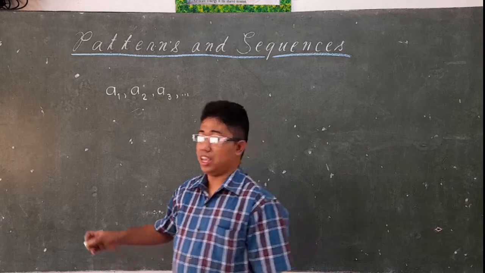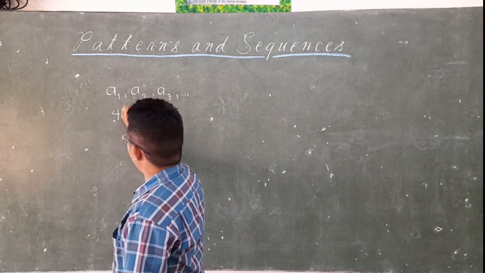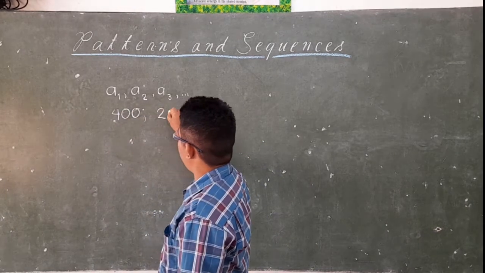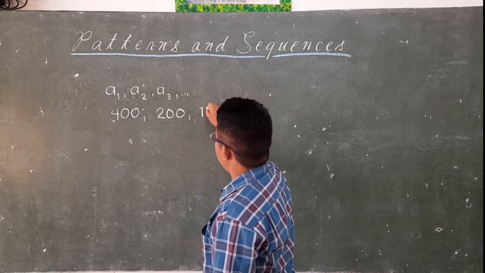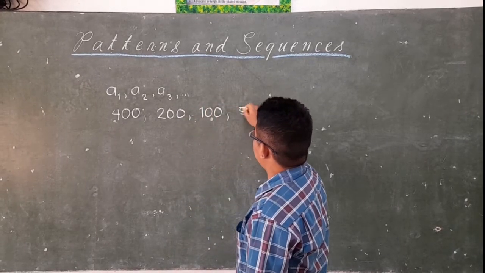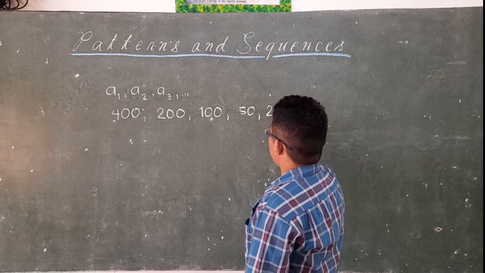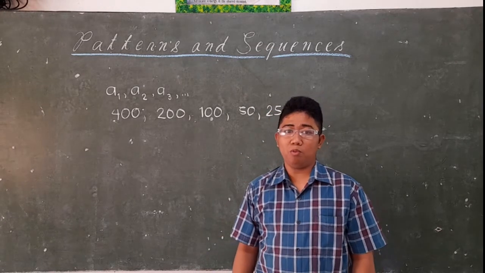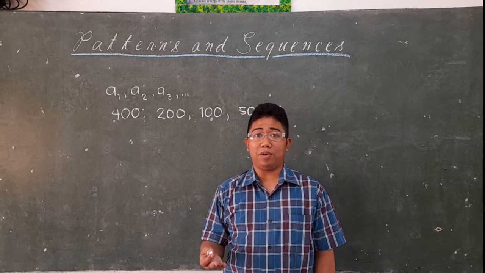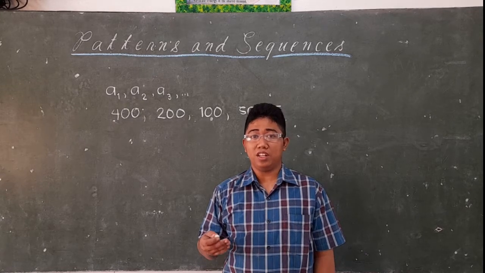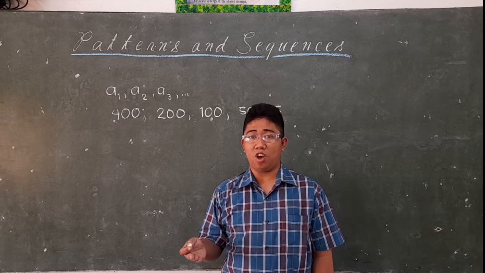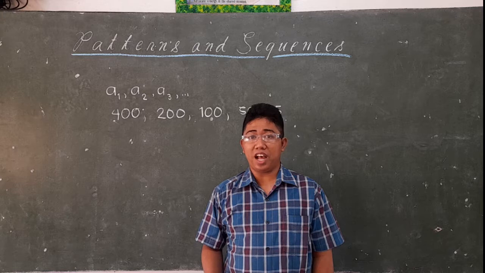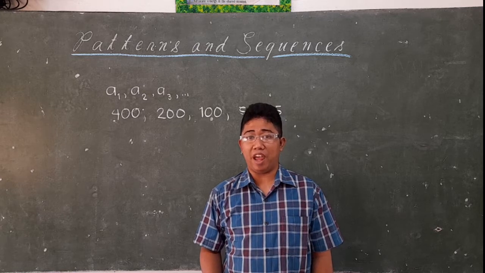For example, given the sequence 400, 200, 100, and 50, 25. So we could identify the first, the second, the third, and so on, depending on the ordinal number of the location of every term.